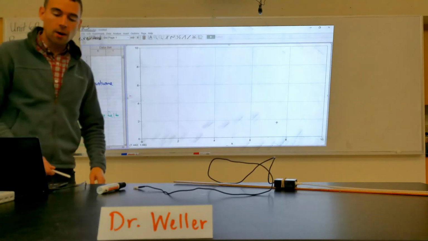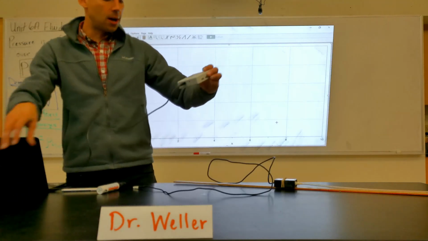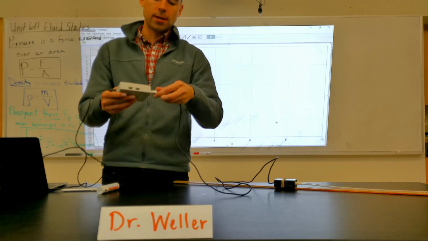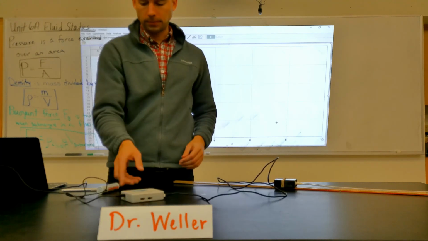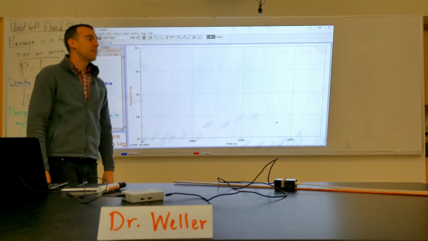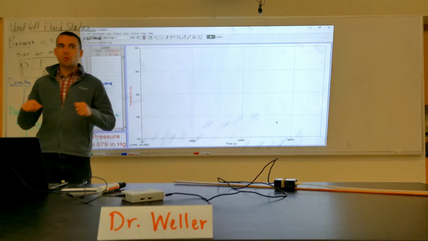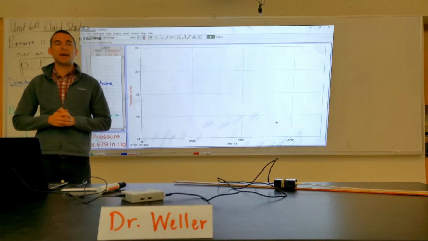Once you are there, have your experimentalist find the LabQuest Mini and plug your barometer into channel 1. If it's not hooked up, unplug the power cord from the LabQuest and plug it back in until you have a green light.